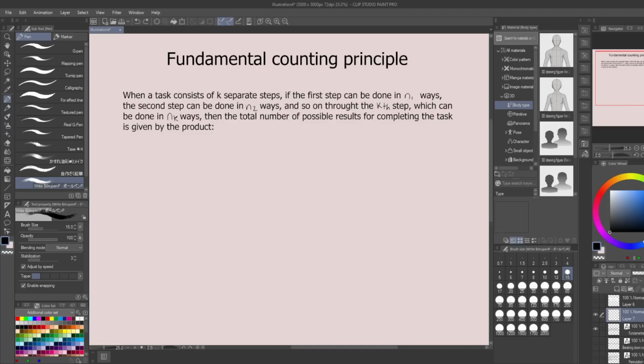When a task consists of k separate steps, if the first step can be done in n1 ways, the second step can be done in n2 ways, and so on through the kth step, which can be done in nk ways, then the total number of possible results for completing this task is given by the product n equals n1 times n2 all the way to nk.